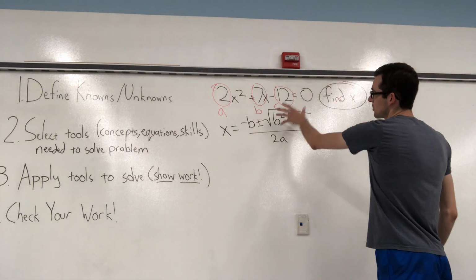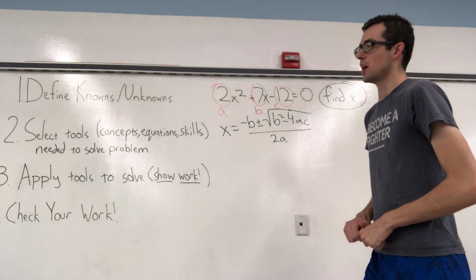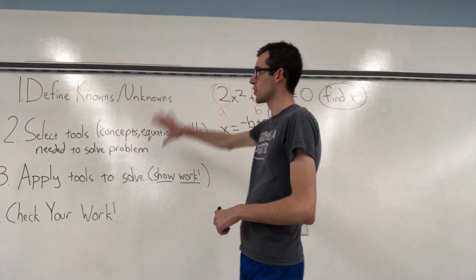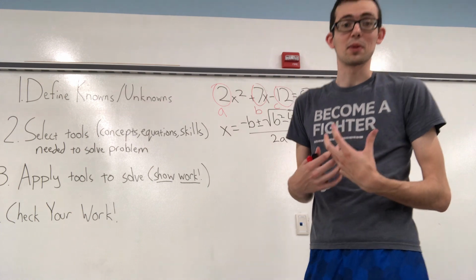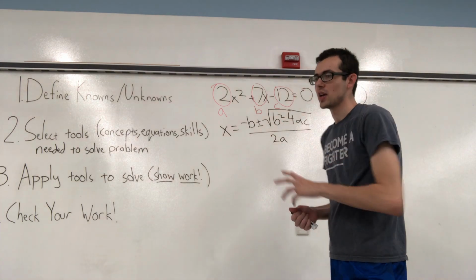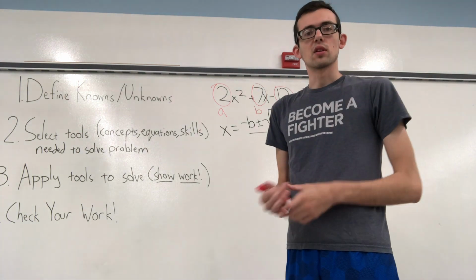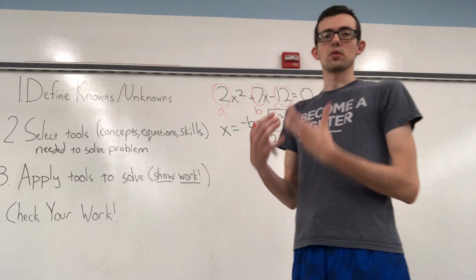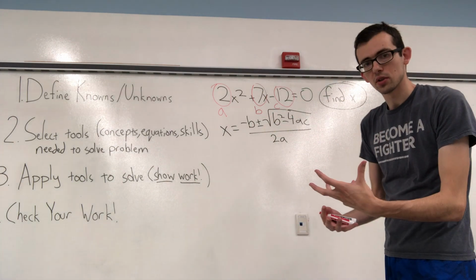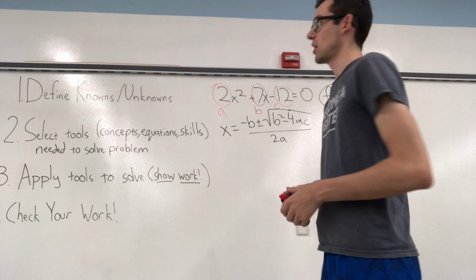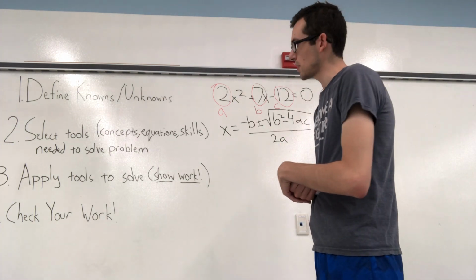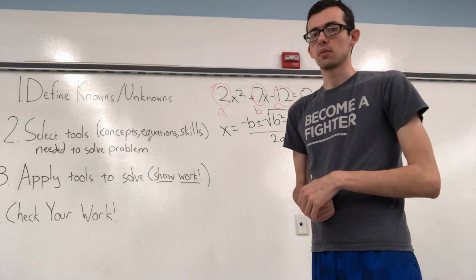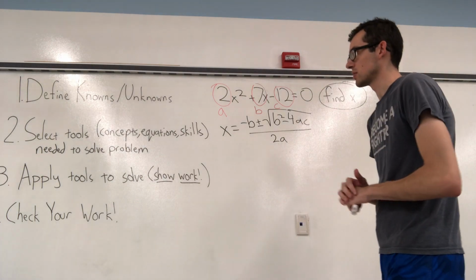So this is just an example of this problem solving, but I think these 4 steps are, from my experience so far in physics for myself, just a helpful way to think about problem solving, to start with your knowns and unknowns, select your tools, your equations, your concepts, your skills, and then apply those while showing your work in an orderly, organized fashion, and then of course checking your work to make sure that you don't have any mistakes along the way.